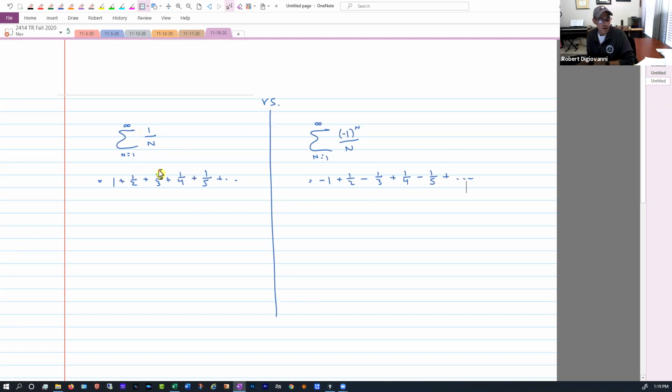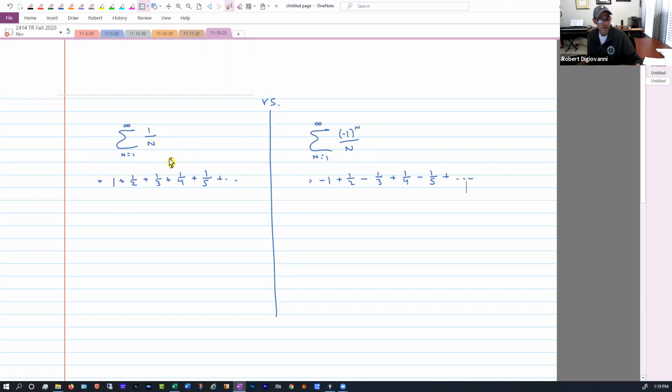The one on the left does what? Converge or diverge? On the left, this one. We did this one, which was an alternating series. This one's not.